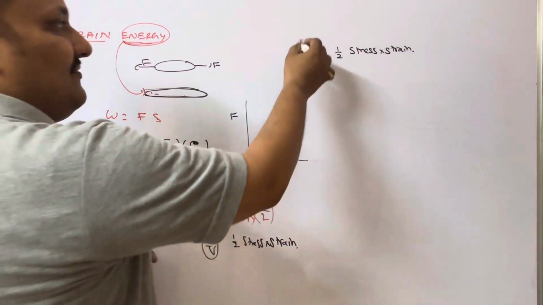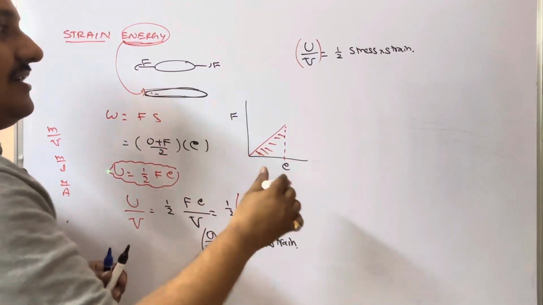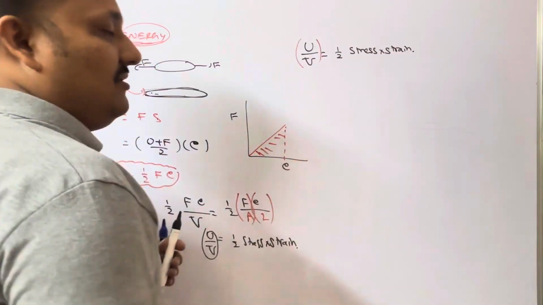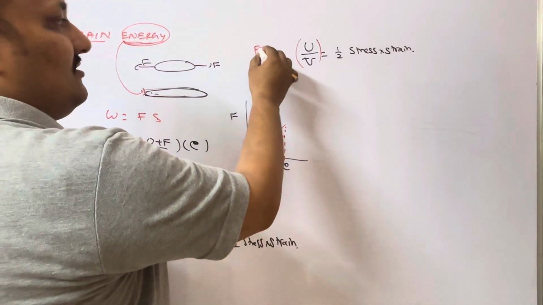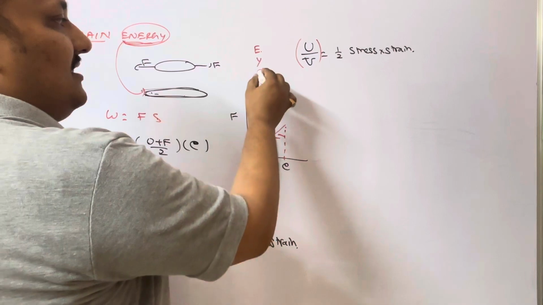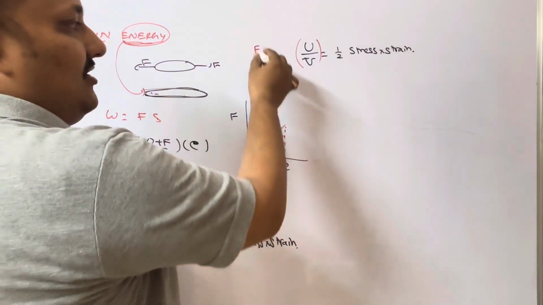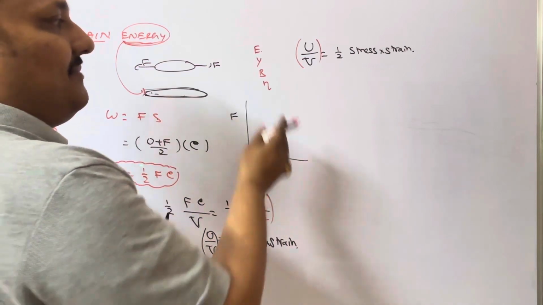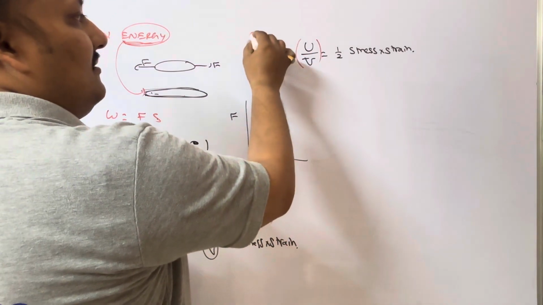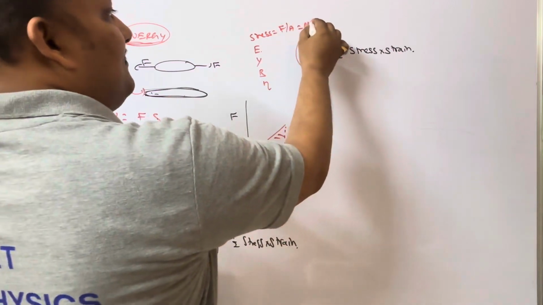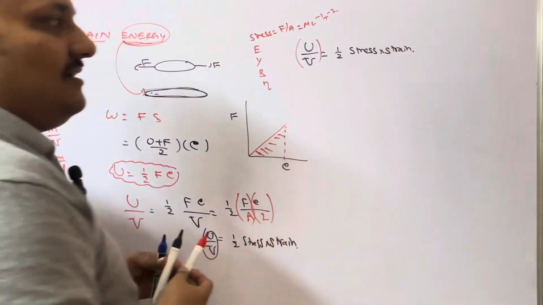So U by V is called energy density, half stress into strain. What is the dimension formula for energy density? Already we got so many dimension formulas, and all of them are similar to pressure: modulus of elasticity, Young's modulus, bulk modulus, shear modulus. All these have the same dimension formula as stress or pressure, F by A, that is M L power minus 1 T power minus 2.